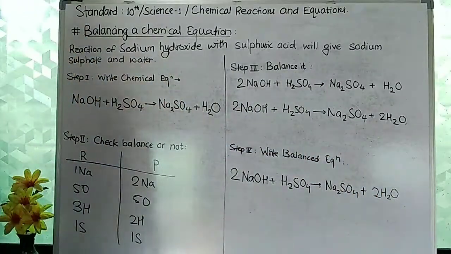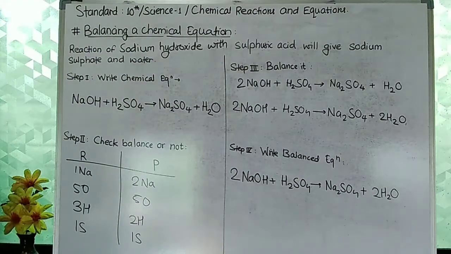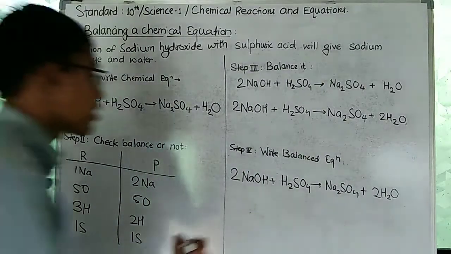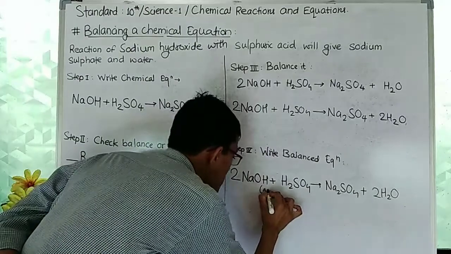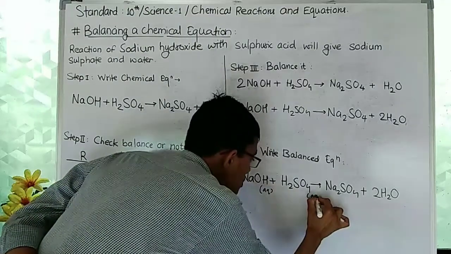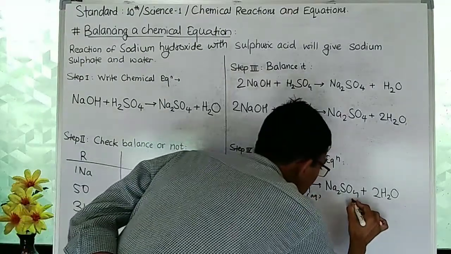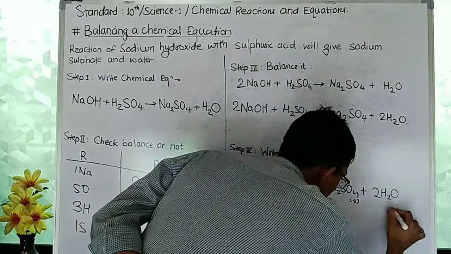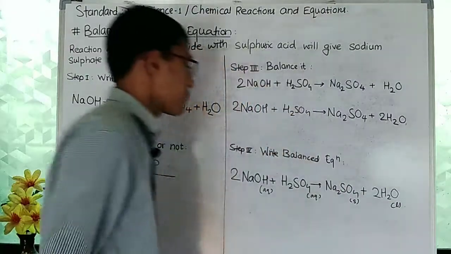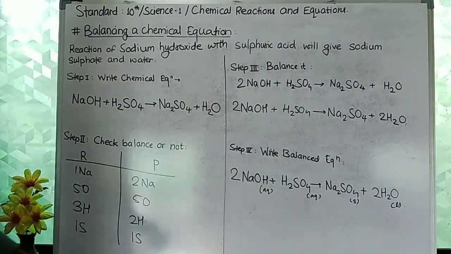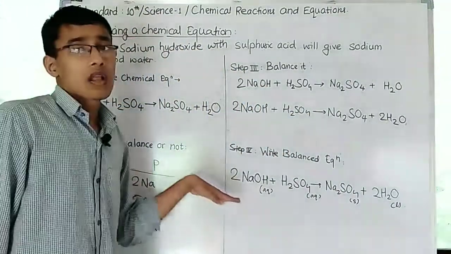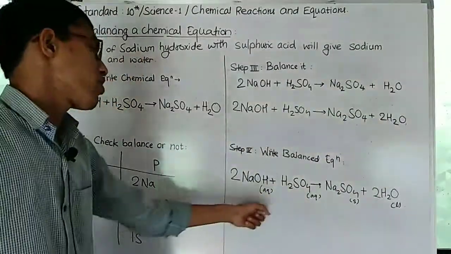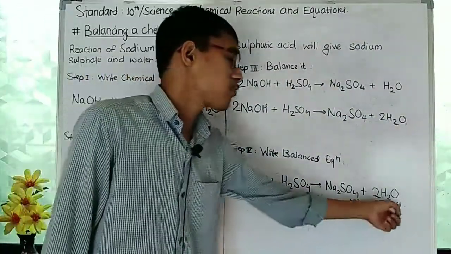Also we can write the states of these chemicals. Sodium hydroxide and sulfuric acid are in aqueous state, sodium sulfate is in aqueous state, and H2O is in liquid state. And also we can write down their names: sodium hydroxide, sulfuric acid, sodium sulfate, and water.